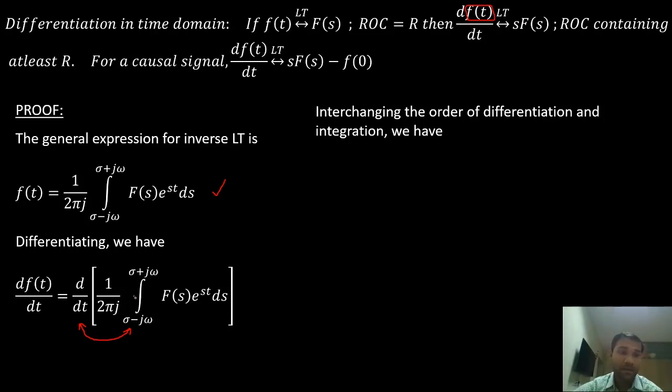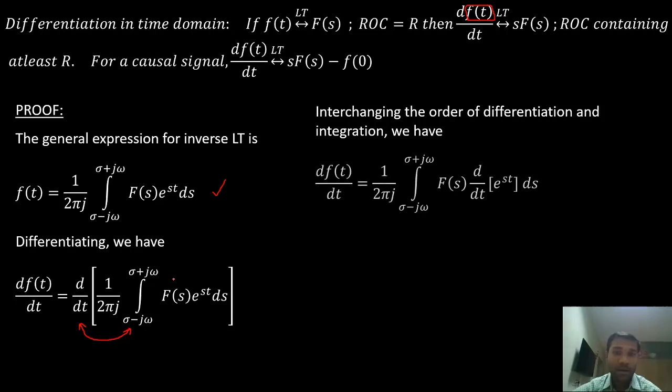First I can write integration and then I can write differentiation. So on the right hand side, 1 by 2 pi j is the constant, so I'll keep it outside for now, and then integration from sigma minus j omega to sigma plus j omega of f of s, then d by dt, differentiation with respect to t.